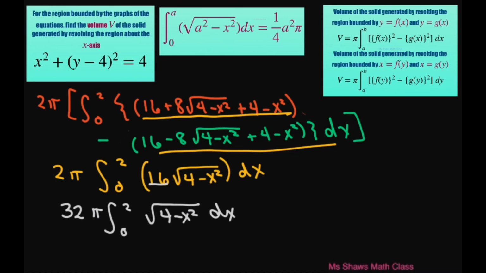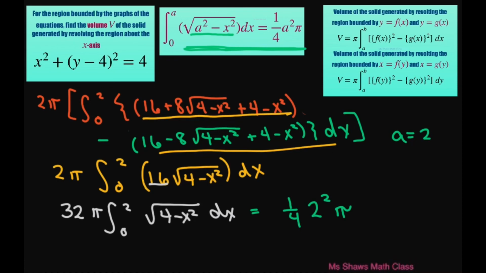This is a good integral to know. We have the form of the square root of a squared minus x squared, so I can integrate this as one fourth times 2 squared times pi, because my a is 2.